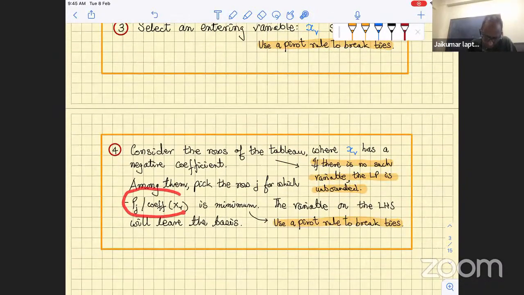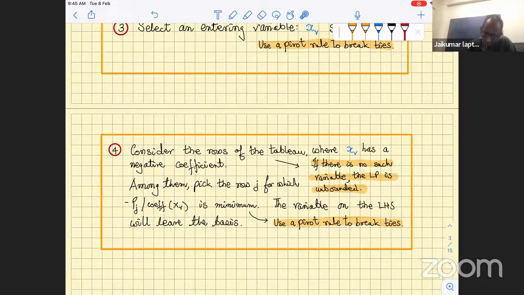So this is the value, basically the constant term and the coefficient of the variable which you are trying to move, their ratio determines how much you can increase this variable. Okay, the details are not very important. It's much easier to do it by hand.